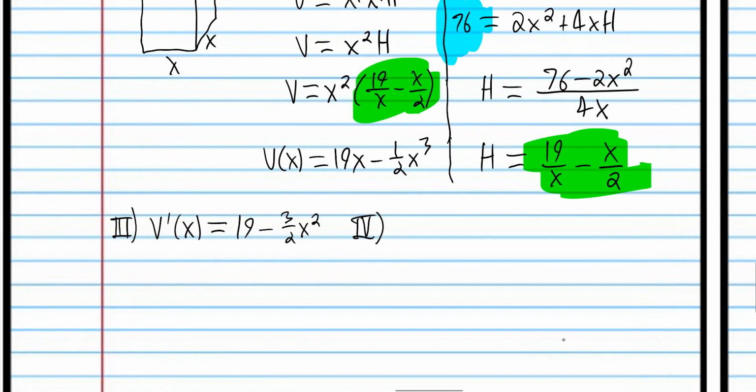We're going to find the critical numbers, and the critical numbers are what makes the derivative either 0 or undefined.